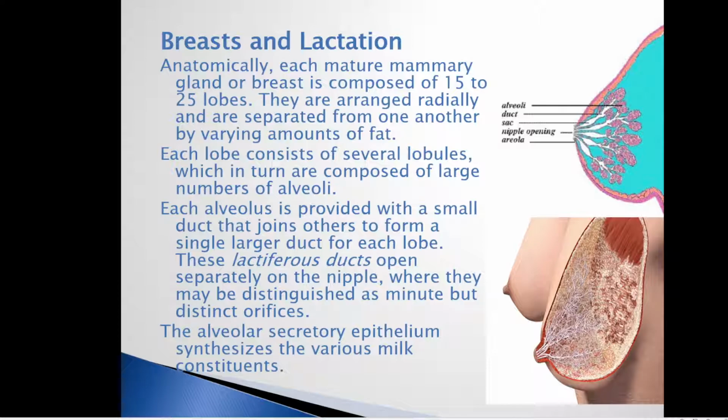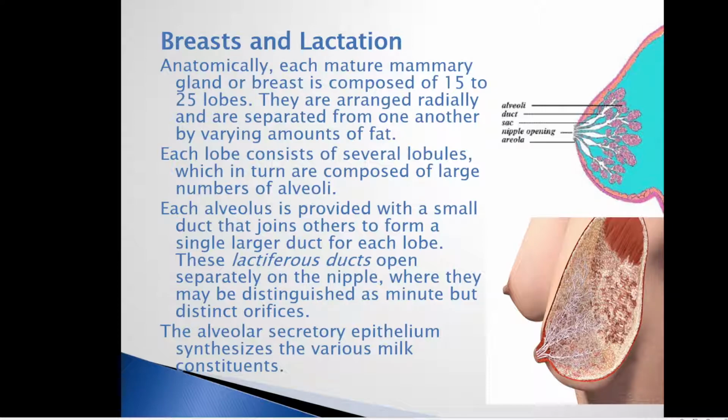A very important moment: changes in the breast and information about lactation, about breastfeeding. Anatomically, each mature mammary gland of the breast is composed of 15 to 25 lobes. I hope you know it.